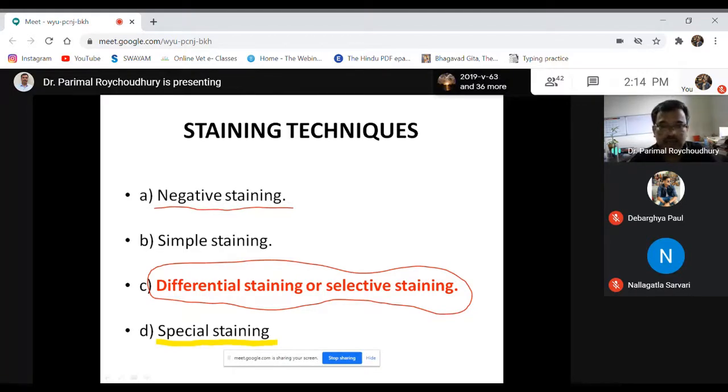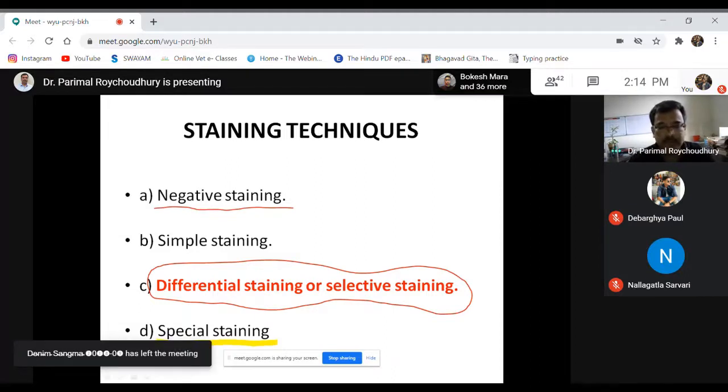Then again, there are certain bacteria which possess some cytoplasmic aggregates, what we call granules, volutin granules or metachromatic granules. The presence of these special granules in their cytoplasm helps us in identification of a few selected bacteria.